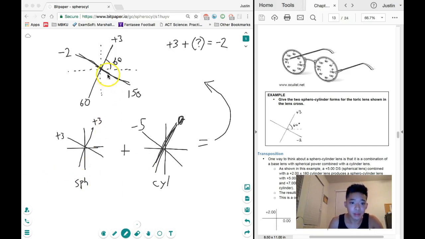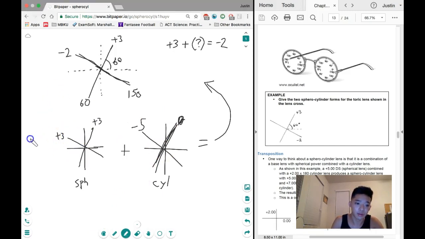So breaking this apart into its sphere and cyl is this first way. And then the second way is using the -2 as a sphere. If I want to be more accurate, this is a 60, and this is at 150, so -2 and a -2.